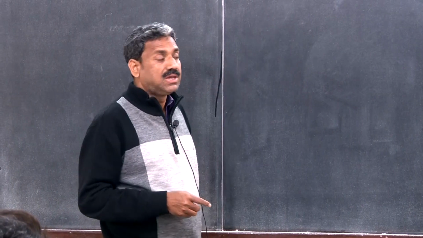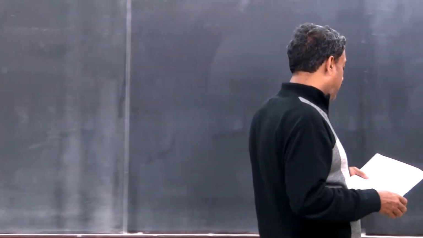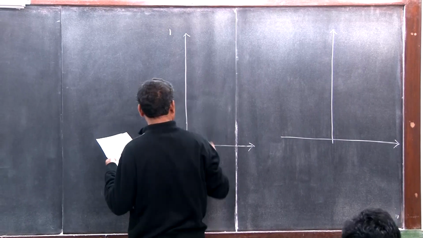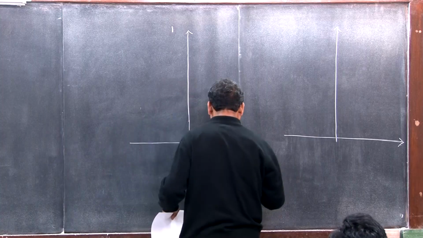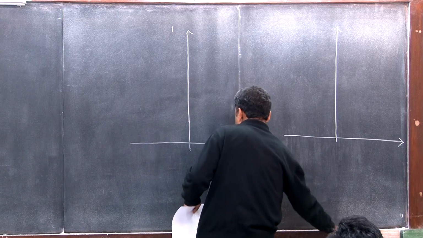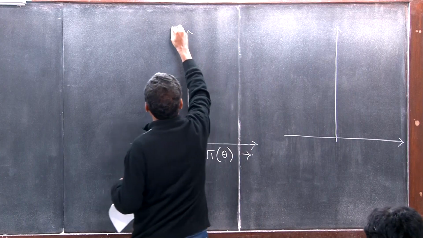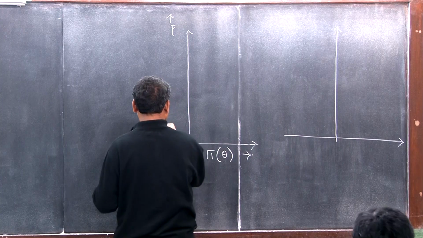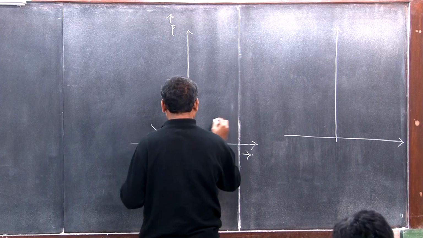Now, a fourth system we are going to consider, but before that, for these three systems we are going to see the topology of the potential energy function. For the first kind of system I am plotting the potential energy function pi as a function of theta, and this is for different P. For the stable bifurcation it will look like this.